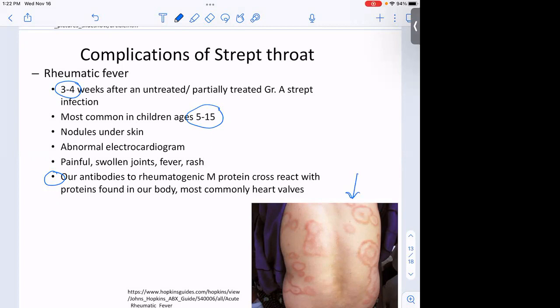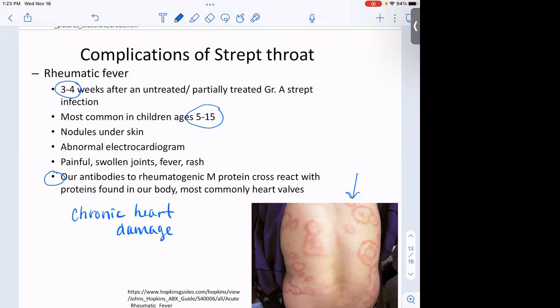The nodules under the skin, apparently that only shows up in like 1 or 2% of cases. So I couldn't find a good picture of that. But the patient can end up with some chronic heart damage. Okay, sometimes it will heal up, but sometimes not.